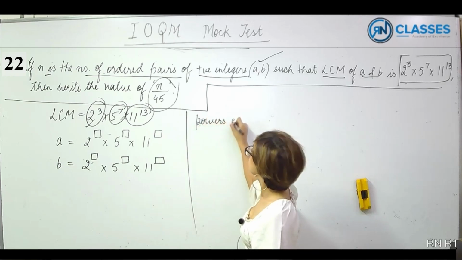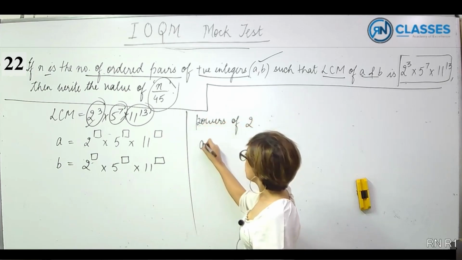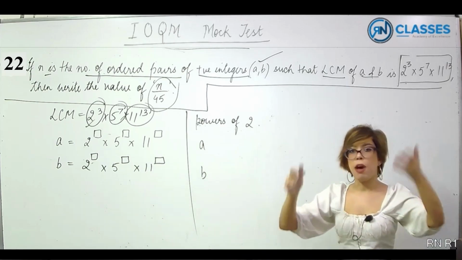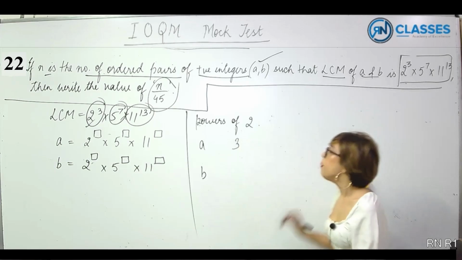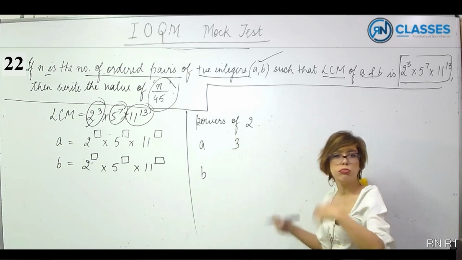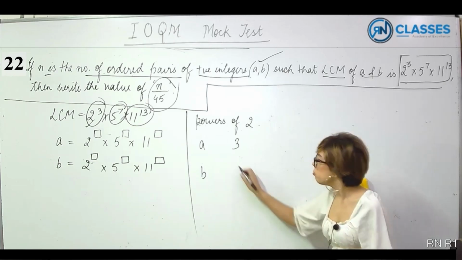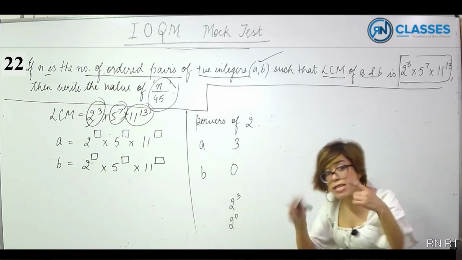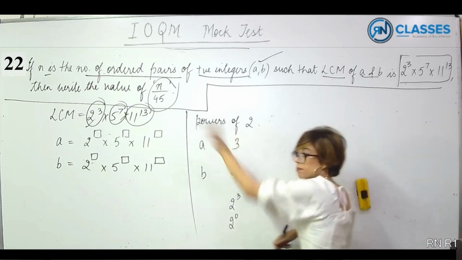Powers of 2. Right? So A and B. So maybe A has the highest power, which is 3. Corresponding to this, there might be a case where B does not have any power of 2, right? It can be there. Because if I have 2 raised power 3 and 2 raised power 0, obviously in LCM I will take 2 raised power 3.